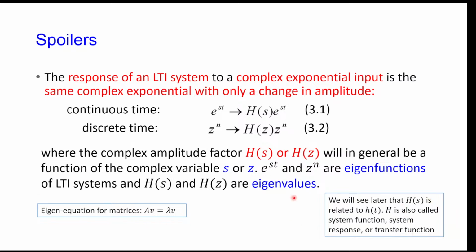And we see that you can calculate big H of s from small h of t. I guess that's kind of obvious, because we know small h totally characterizes the system, so obviously it also characterizes big H. But later on we will see that we can also calculate small h from big H. So big H and small h are very related, and that's why they are both written with the character H, just small and big.